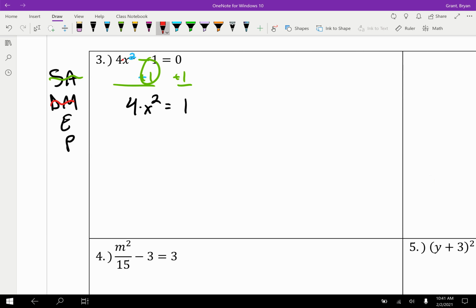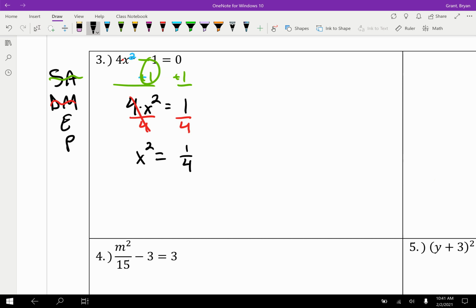Next thing we need to undo is multiplication and division. Now, looking here, we have 1 divided by 4. That is certainly a fraction. It could also be written as a decimal. I suggest you avoid decimals at all costs. Fractions are just so much easier to work with.